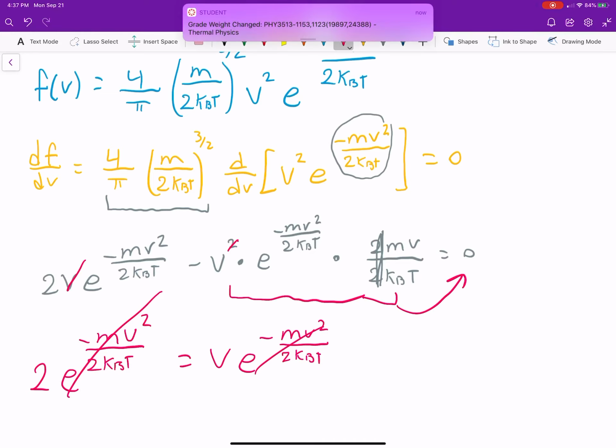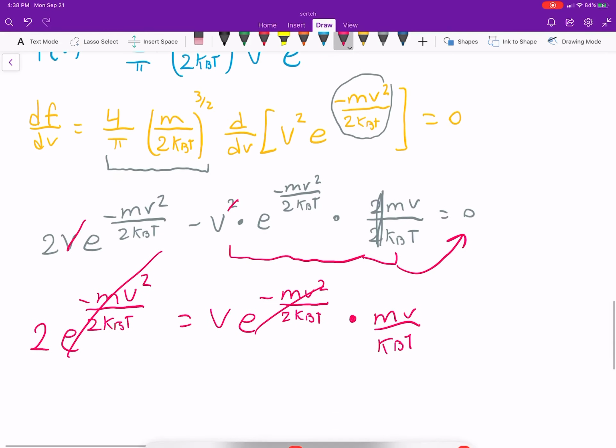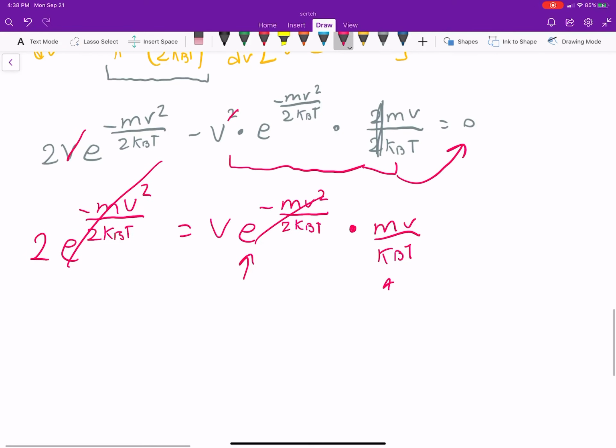Oh, duh. I went slow. I should have gone slower, I meant. On the right-hand side, we still have plus mv over kbt. Okay, so we can divide by v, that's fine. We can move that over. We do get this times this, so that drops.